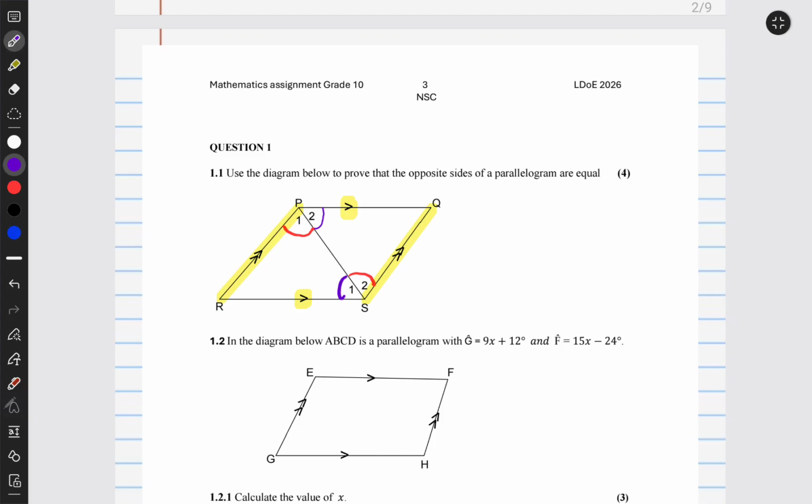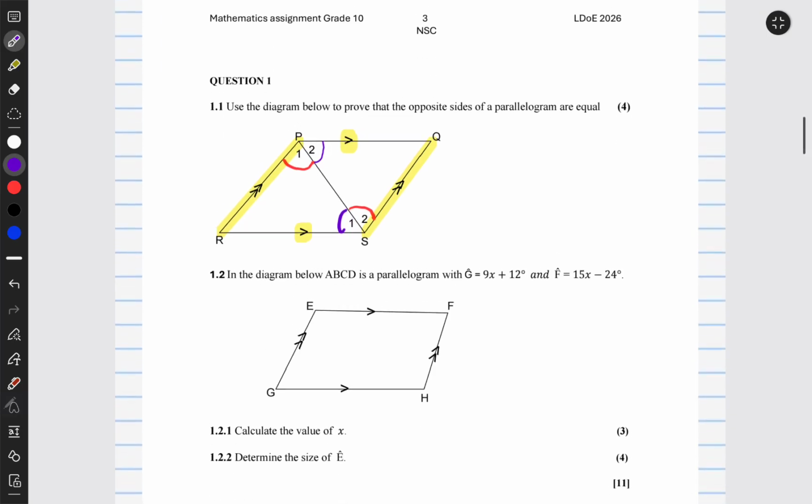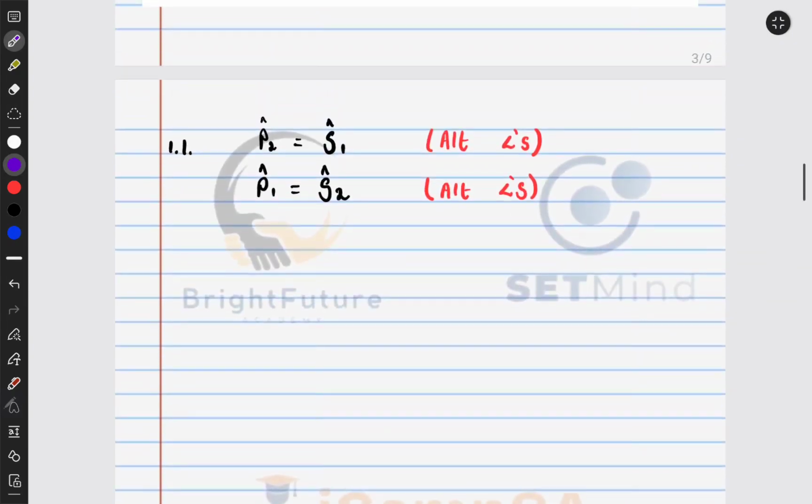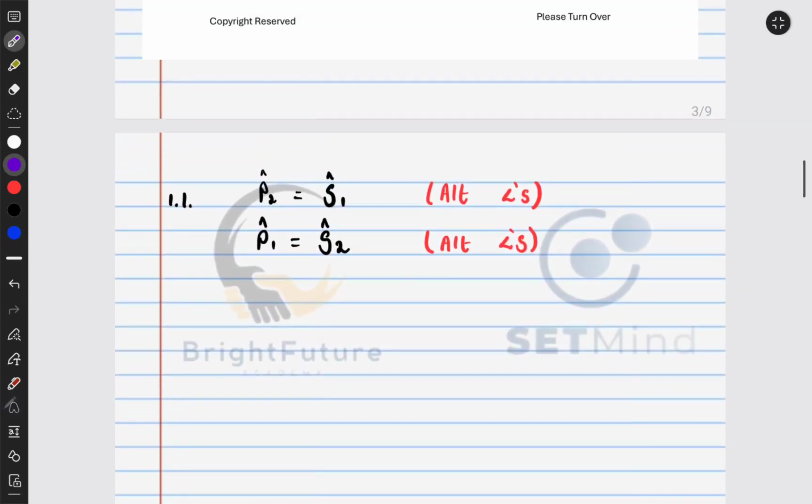triangle PRS and triangle PQS, we can see that they share this side, which is side PS. So we can say side PS is equal to side PS, so length PS is equal to length SP. And the reason is common side.